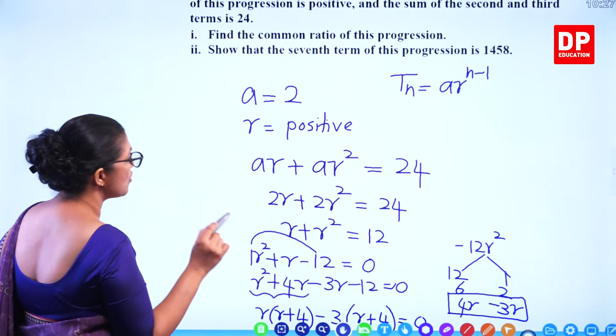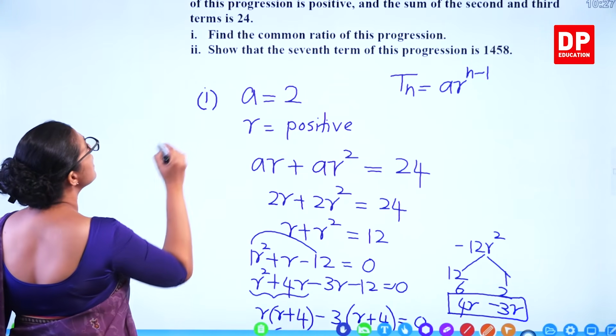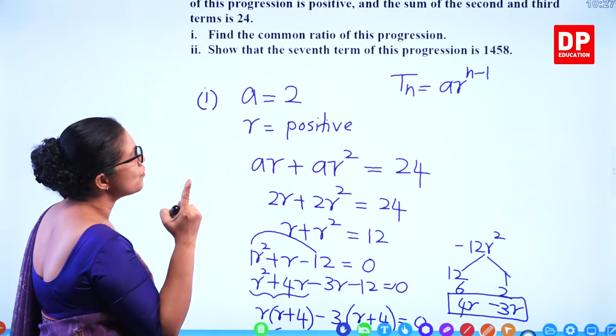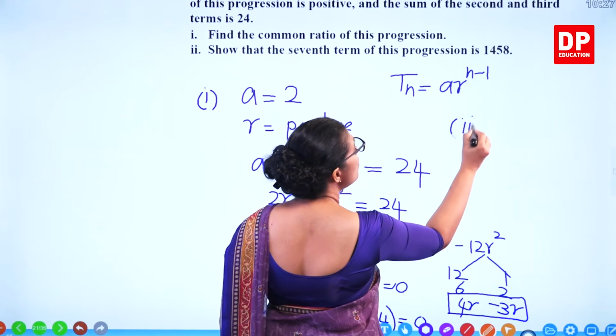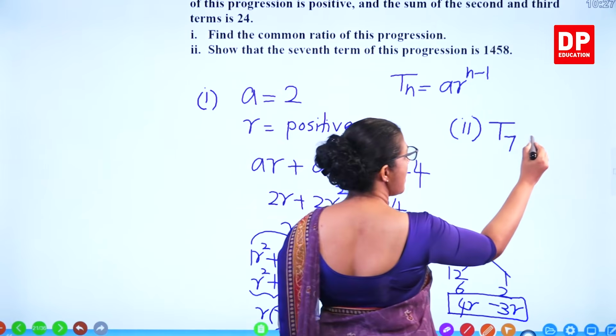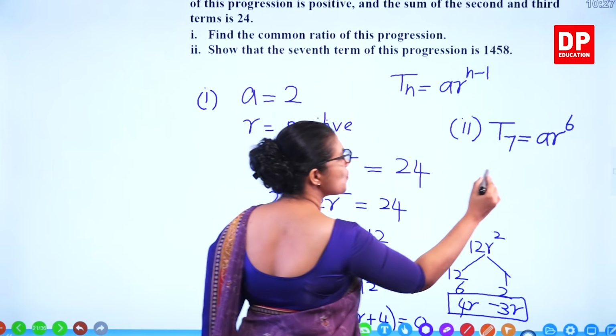Then what's the second part? So this is the first part. Second part: show that the seventh term of this progression is 1458. So we'll do T7. What is T7? ar to the power 6, since 7 minus 1 is 6.